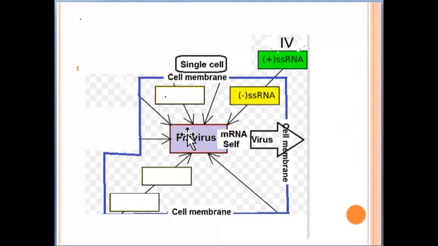First of all, it stores the self of a cell, and then it controls a messenger RNA, which is responsible for creating virions, and these virions are leaving the cell.